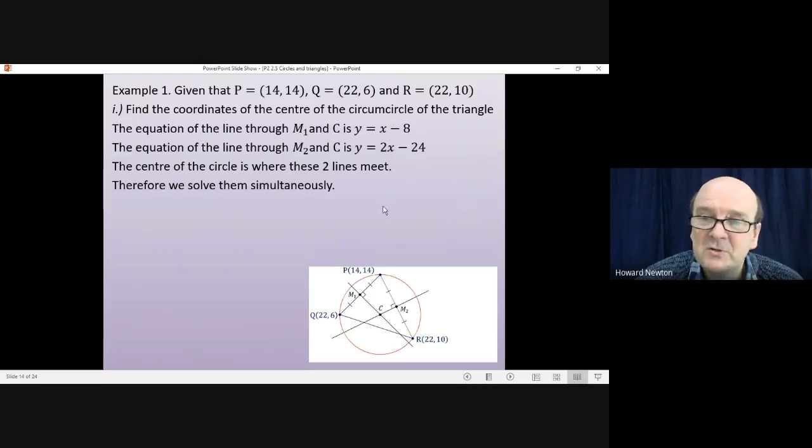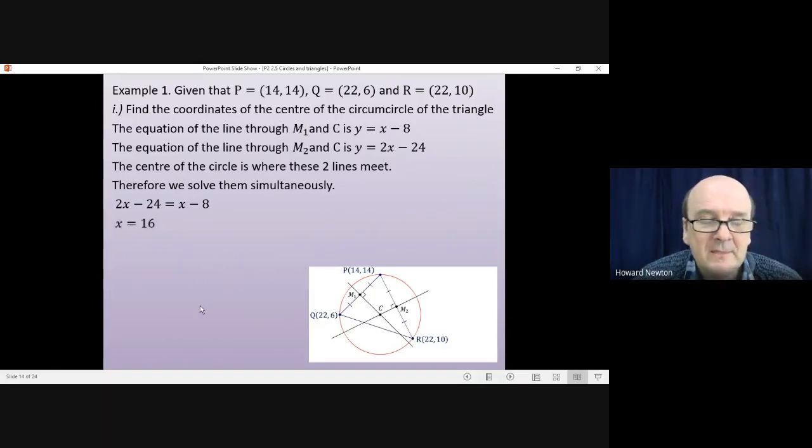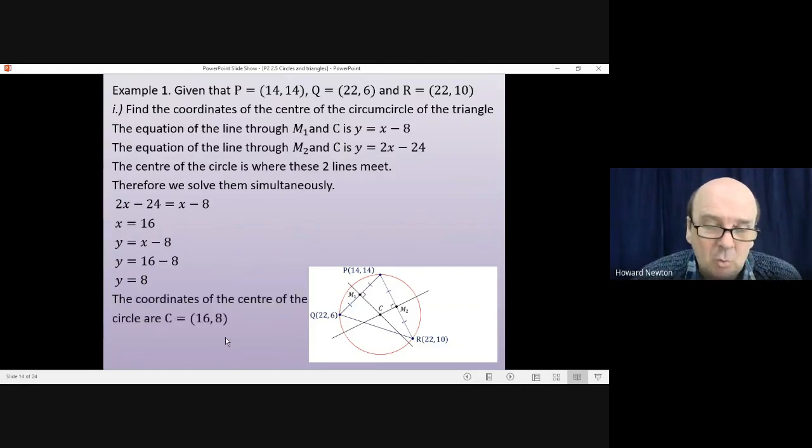The easiest way is to say 2x minus 24 must equal x minus 8, because both of those things equal y. That gives us x equals 16. We substitute that into the easiest of the two equations, y equals x minus 8, and that gives me y is 16 minus 8, which is 8. So I now know the coordinates of the center of the circumcircle, and they are (16, 8).